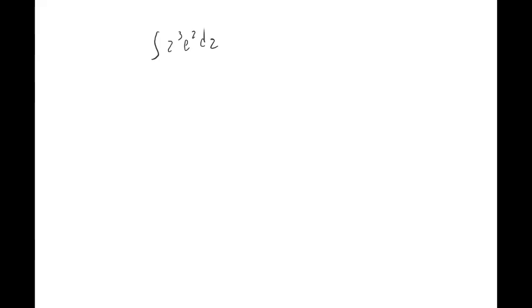Because the derivative of e to the z is e to the z. So when you integrate e to the z, it's still e to the z. So the question is, do we want to integrate z to the fourth? Do we want to integrate z cubed, in which case I get something like z to the fourth times e to the z? Or do I want to derive and I get z squared, something like z squared e to the z? Which one should we go for?